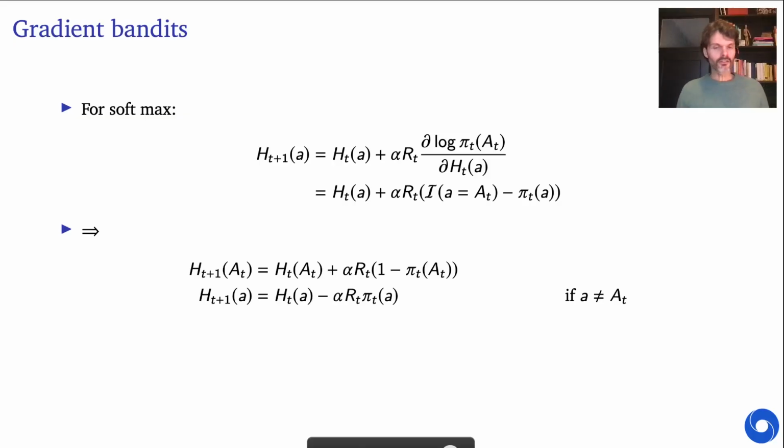But what now if there are no negative rewards? What if the only possible rewards are +1 and +2, let's say? Then whenever you select an action, its preference will go up. But it turns out everything still works out, because whenever you select a different action, its preference will go up faster, because the reward will be 2 rather than 1. And indeed, it turns out we're still doing valid stochastic gradient ascent in that case.